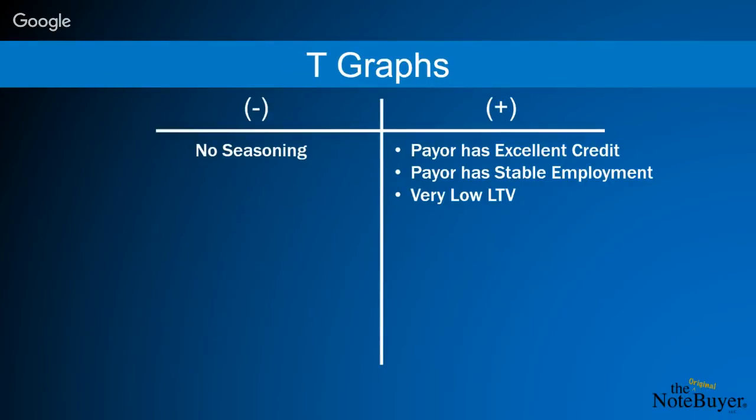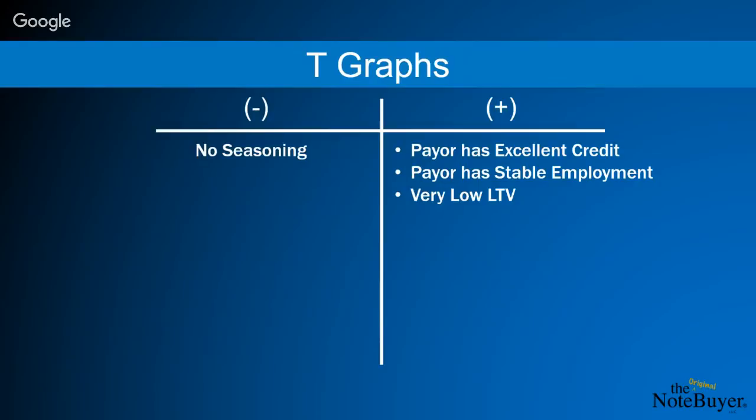So what I do when I'm looking at a note, and I seriously do this, this is not just for this webinar, is consider all the factors that we've just talked about. What allows me to close more deals than other people is that I try to make a note work. I look to see what offsetting factors there are.